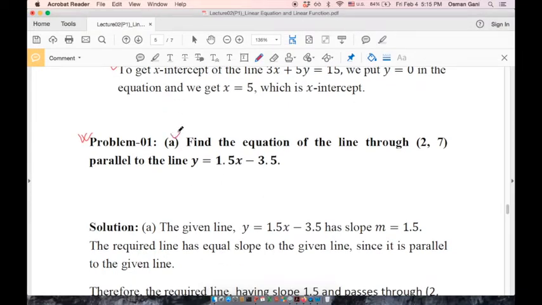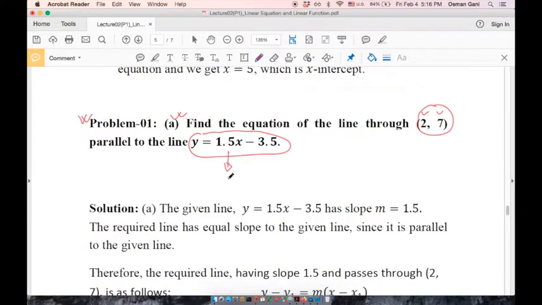So let me read it. Find the equation of the line through (2, 7) and parallel to this line. Since the required line is parallel to this line, the required equation will have the same slope. The slope will be again 1.5.